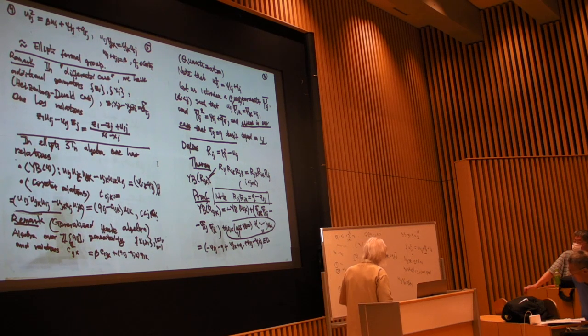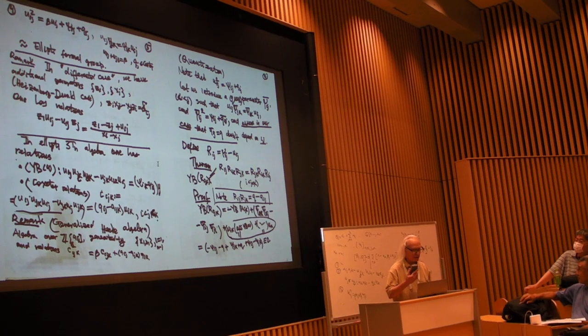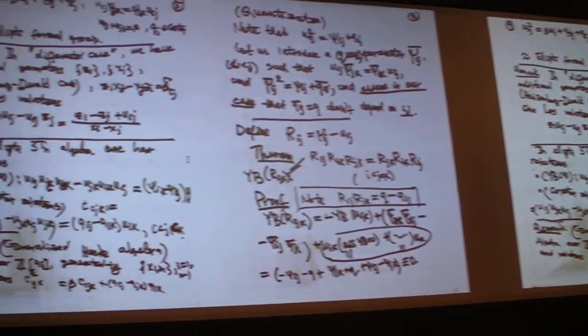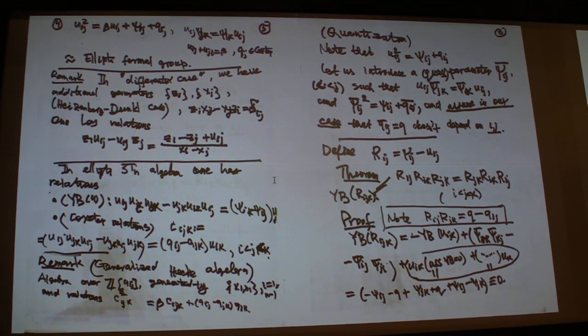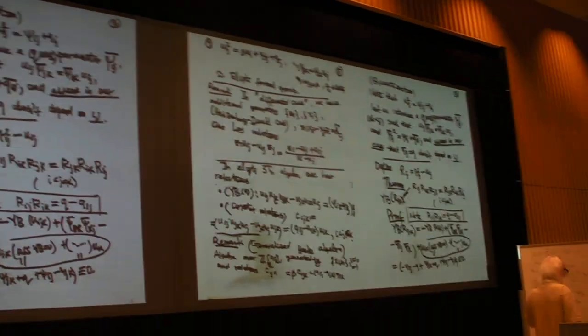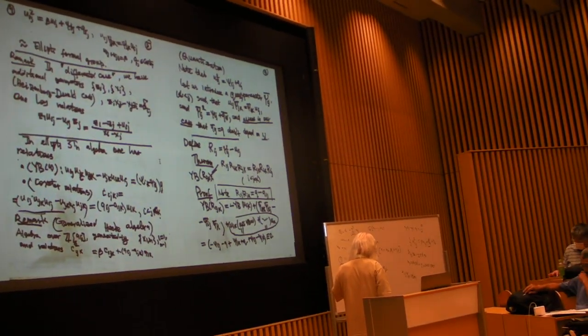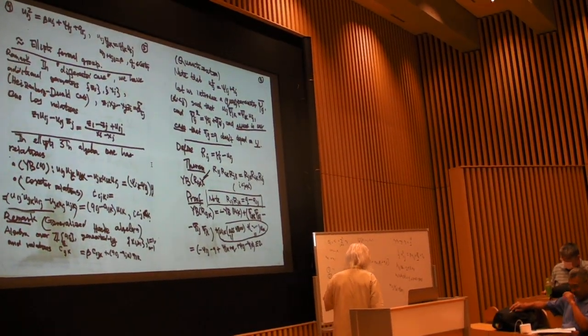Even, and in some sense, the basic case for this story is the case of cohomology theory, where we have the degenerate algebra, when uij squared is equal to 0, and it is a unitary theory.